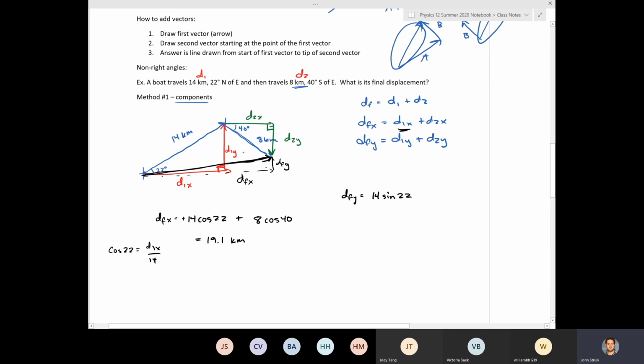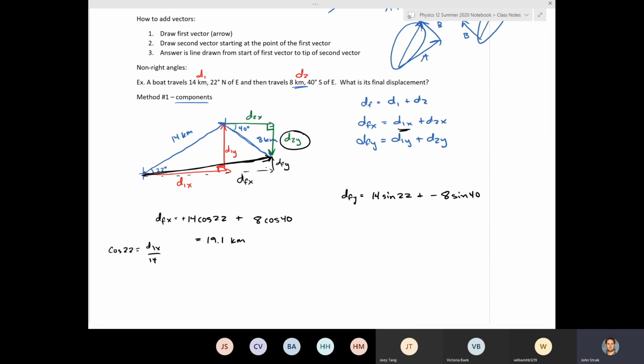We're dealing with sine now because it's opposite to my angle. Then plus, because we're adding vectors, negative 8 sine 40. Why is that negative? Because d2y is going down. It's going south, so we're subtracting it because it's going the opposite direction.